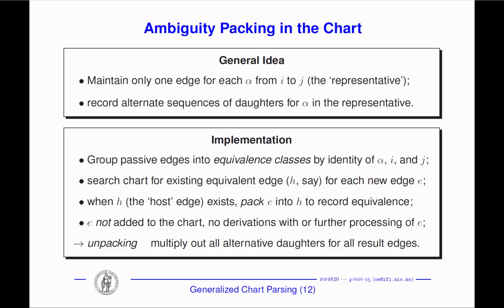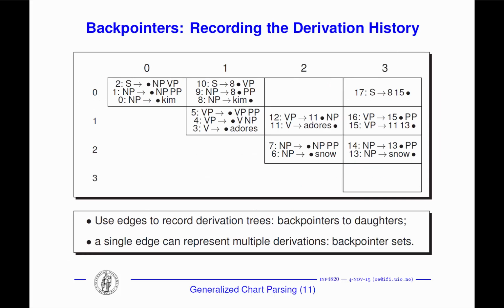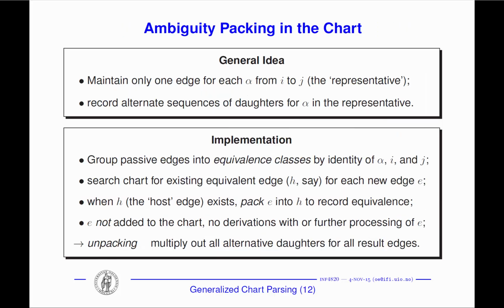So the information that E contributed is in the chart too, but for the purpose of the agenda strategy, what we consider is H. We only look at I, j, and alpha, and technically we do so on h.